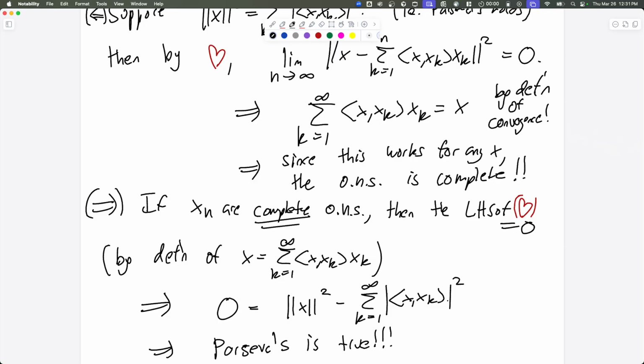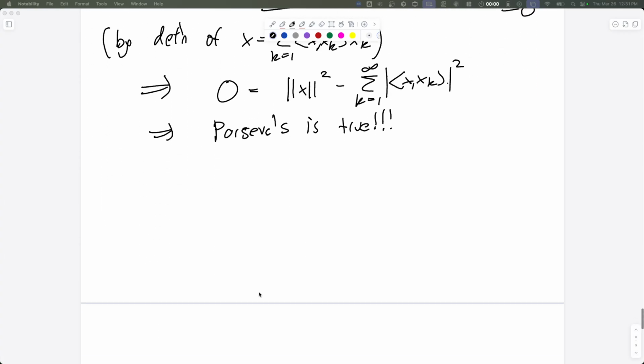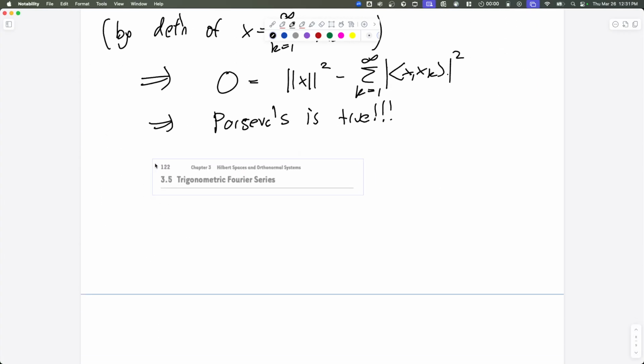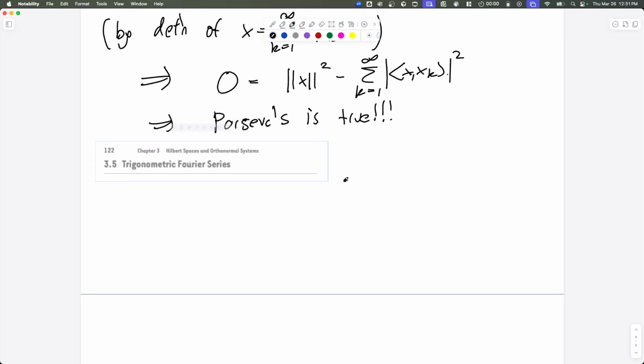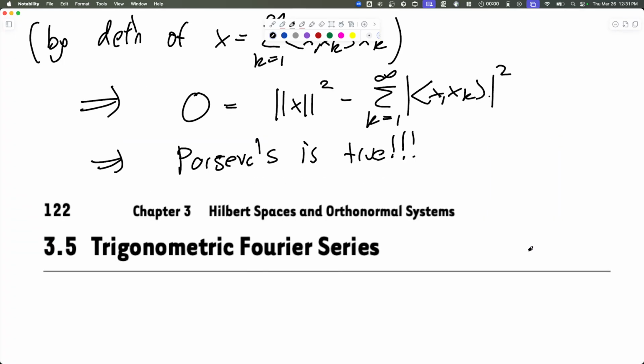Questions or comments before we move to chapter 3.5, which is the final section of the course we will do? Okay, let's move to section 3.5. The textbook has a few other things, but section 3.5 is all about proving that the Fourier series are a complete orthonormal sequence for capital L2.